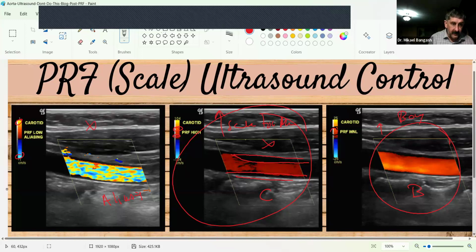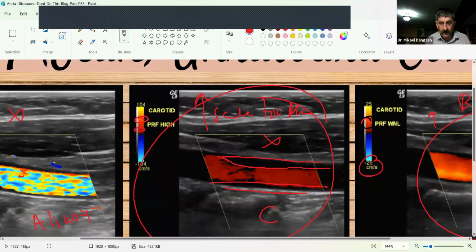But if you look at the speed here, 1 or -1. Here, 25. Here, 104. You can mean this is not an optimal image.